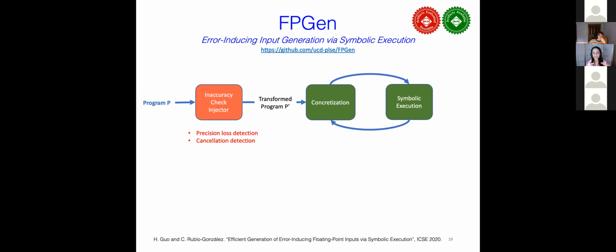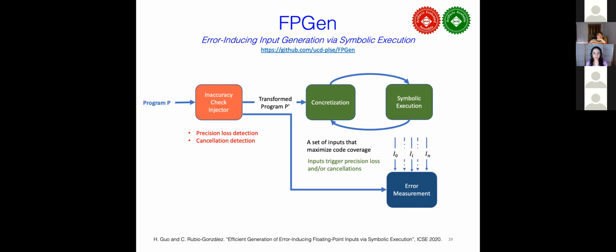Because we added all these special branches in the code that we believe expose interesting cases for the computation, it's likely that symbolic execution is going to generate inputs that cover these branches, which are likely to lead to high errors. From all these inputs, we measure the error that they expose and pick those that are error-inducing inputs. So that's the high-level idea of FPGen.